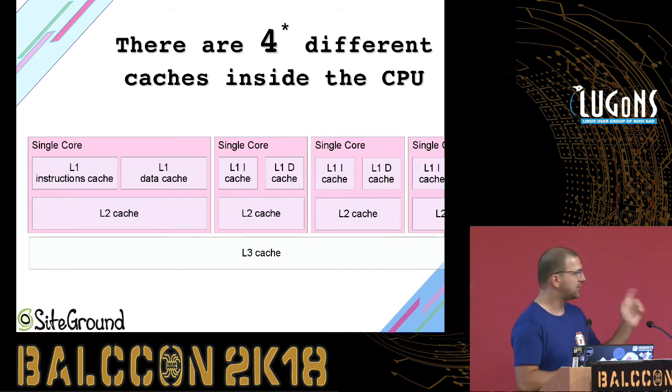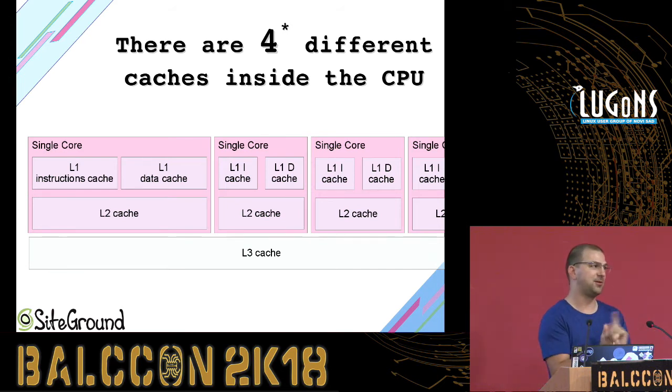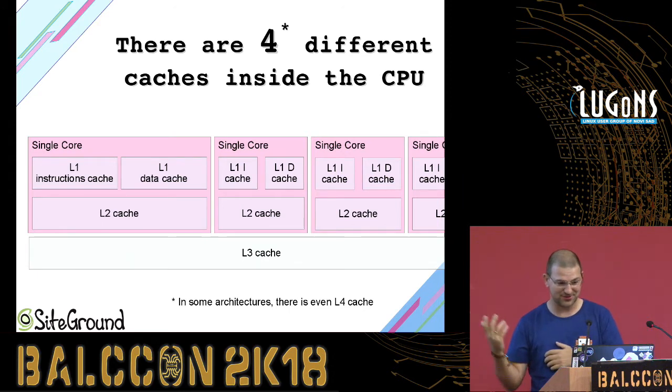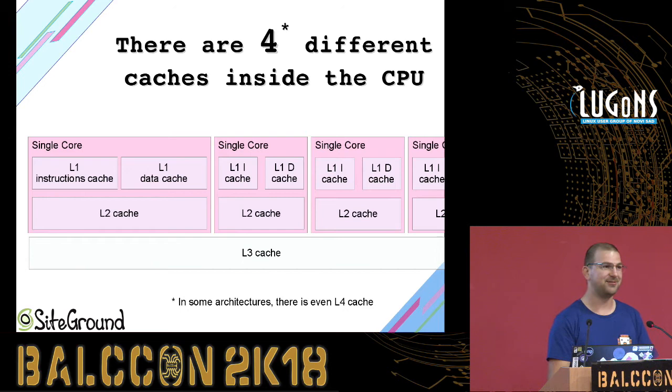This means that the layer 2 cache is also shared between these threads. The only cache that isn't shared is the layer 1 cache. In the newest architectures, we also have a layer 4 cache beneath layer 3.